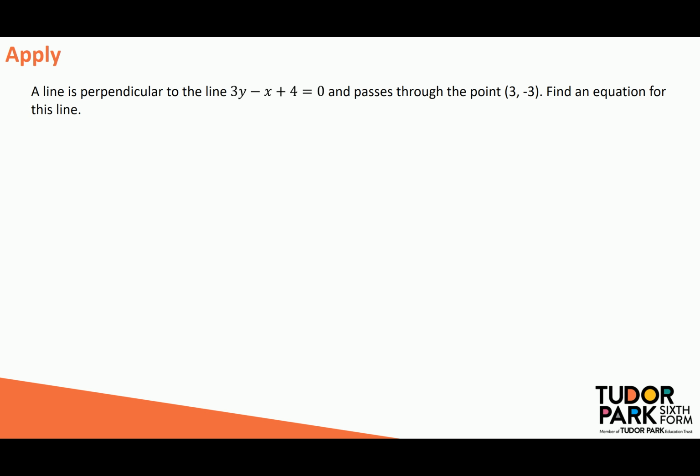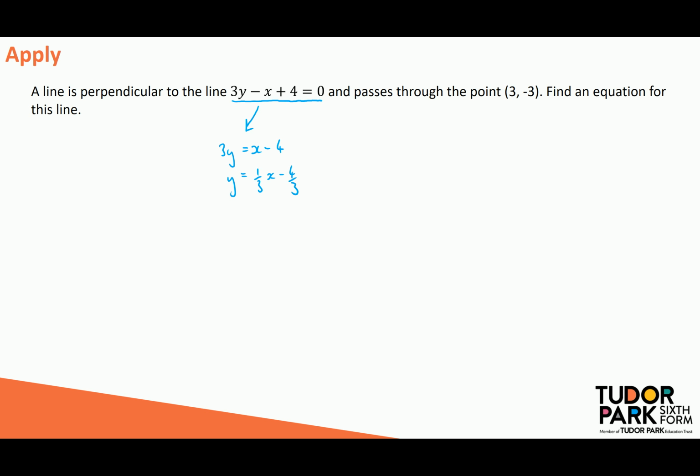In my final example, I've got a line that's perpendicular to another equation and passes through a separate point. So we go through the same process. We start off by looking at our line here, and if it's perpendicular, the first thing I need to know is the gradient of the line that I've been given. So that would be rearranged to 3y is equal to x minus 4, or y is equal to 1/3 of x minus 4/3.